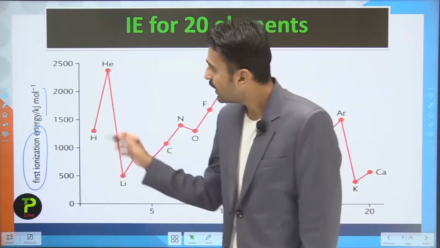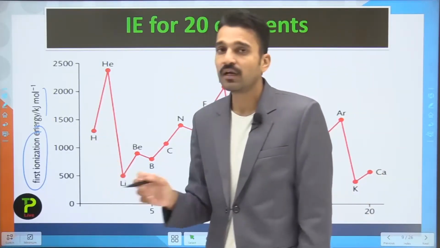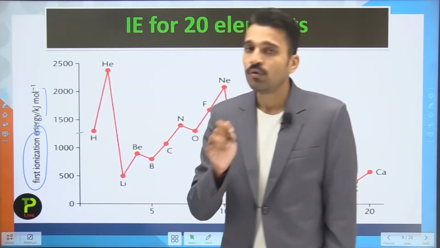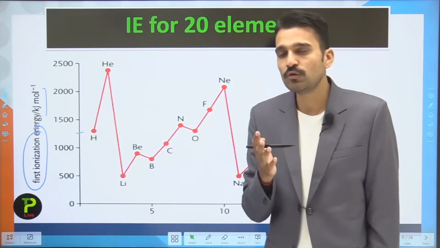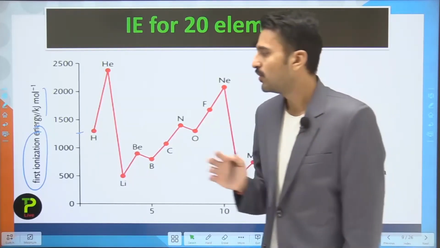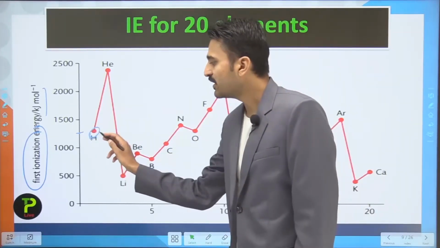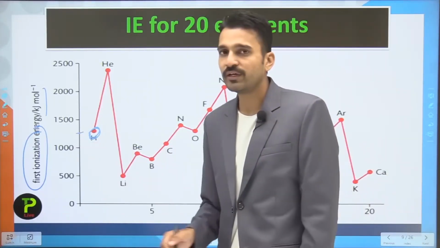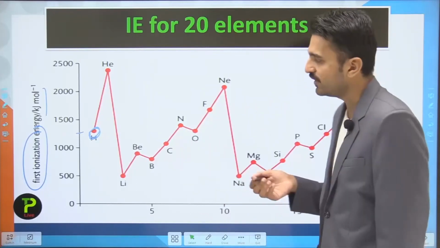So to remove an electron from the hydrogen atom, we would require almost around 1250 kilojoules per mole. Here you can see that the ionization energy for hydrogen is between 1000 and 1500, that is around 1250.